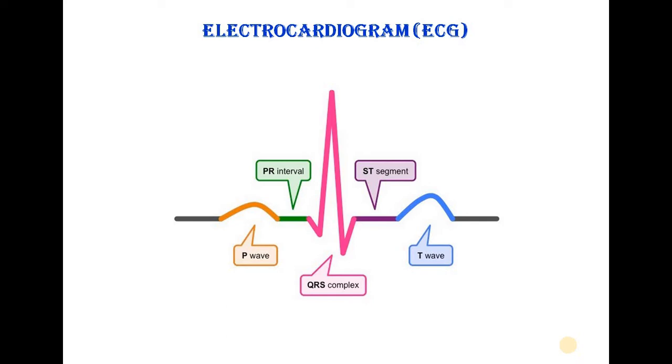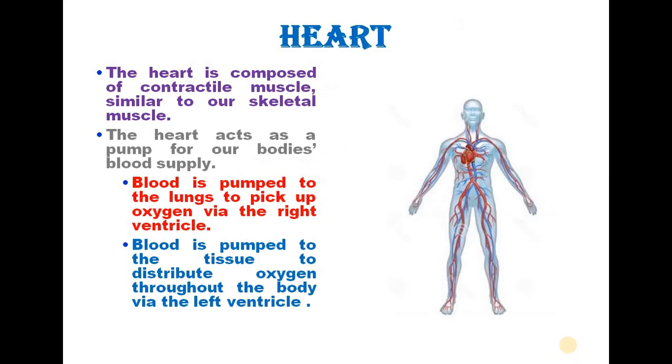So, PR interval and ST segment also play a significant role. Actually, this ECG is giving the heart electrical signals. So, let us see the basic fundamental functions of a heart.